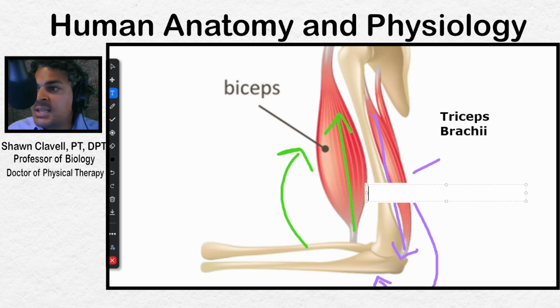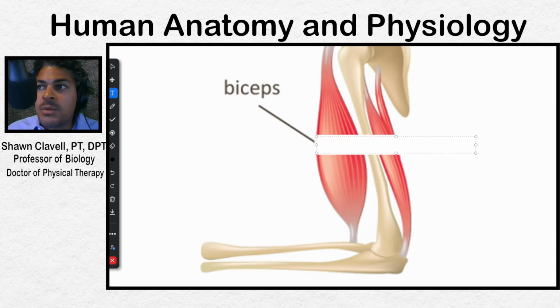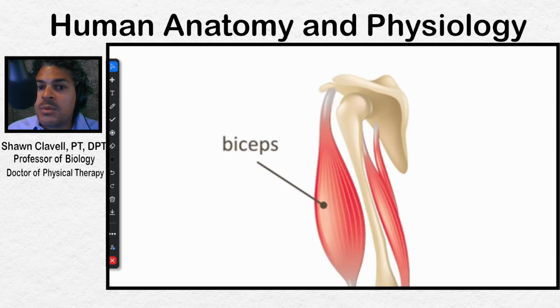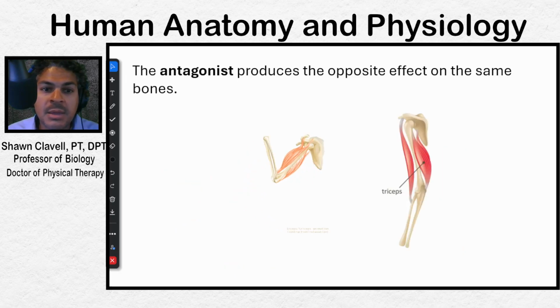So in this scenario, the biceps is the prime mover, whereas the triceps is the antagonist muscle. This is the muscle that is producing the opposite effect.